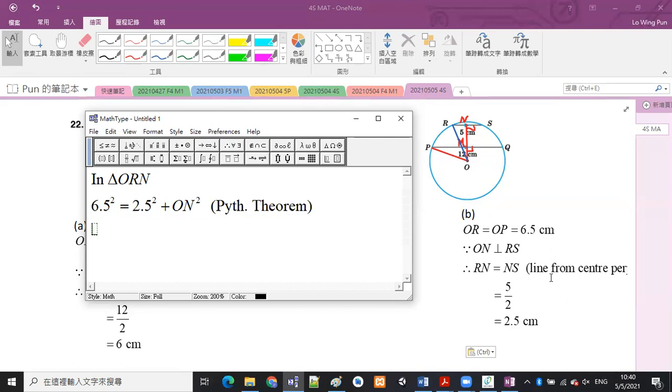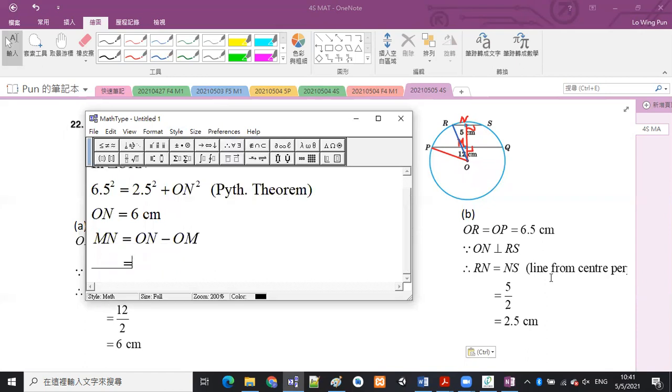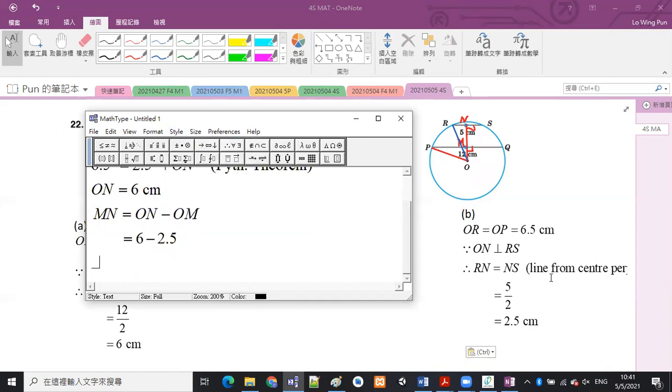And using the calculator, you may find that ON is equal to 6 cm. Okay, and the question asks us to find MN. So MN is equal to ON minus OM, right? And that is equal to 6 minus 2.5. And that will be equal to 3.5 cm.